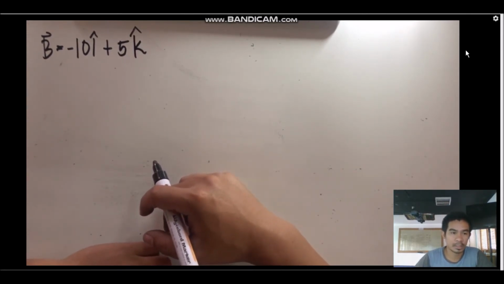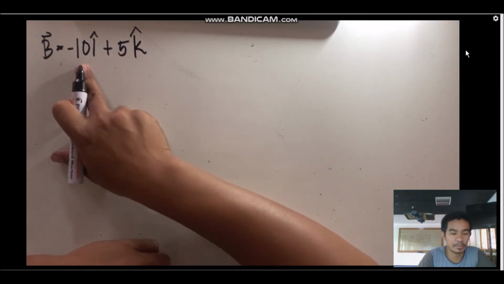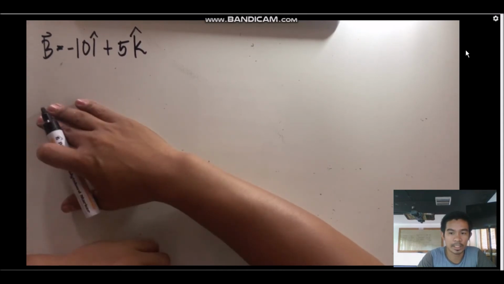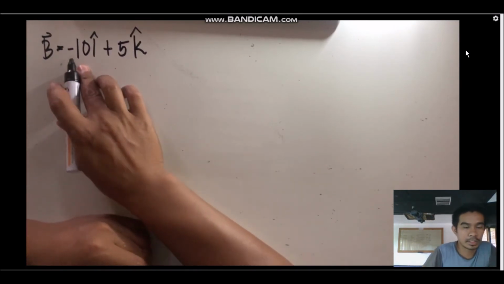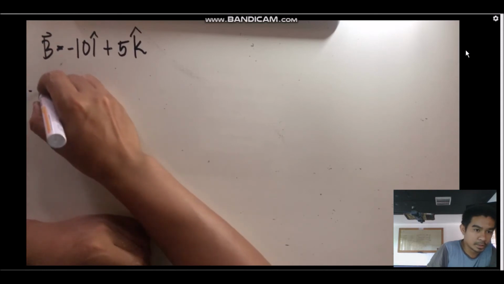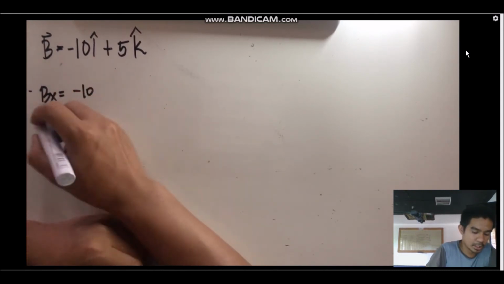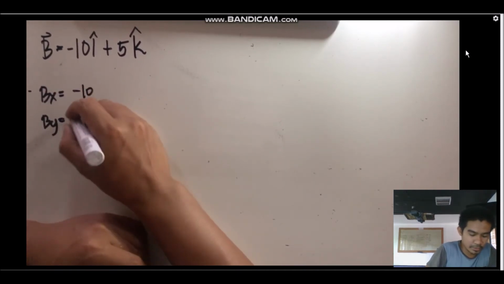Right. So we'll have another example of a vector that is expressed in terms of components, and then we'll express it in terms of magnitude and direction. Given this vector, negative 10 i hat plus 5 j hat, the x component is negative 10 units, and the y component is 5 units.